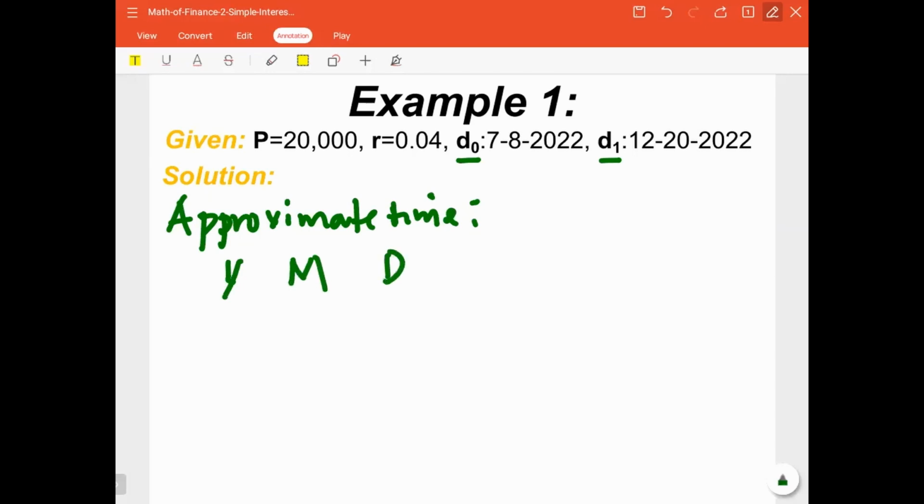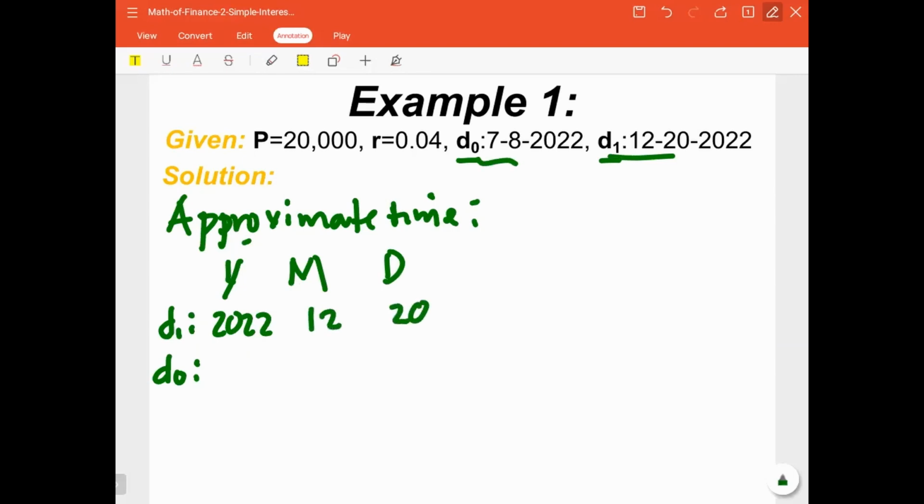We'll have the maturity date first, then the loan date there. Following this format, starting with year, for this maturity date, we'll now have it as 2022. The month there is 12, that's December, so that's 12. Then the day is 20.